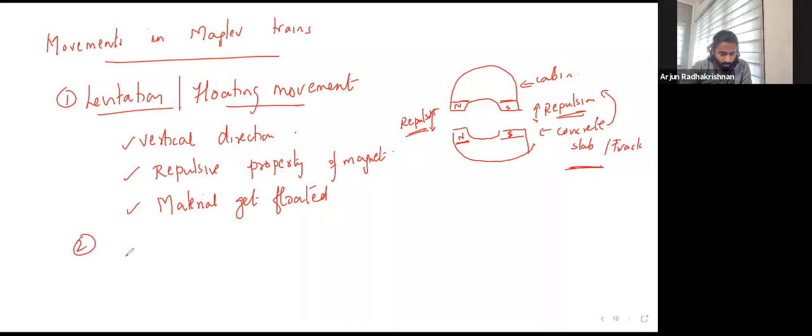Second movement is called propulsion, or it is called linear movement, or forward backward movement.